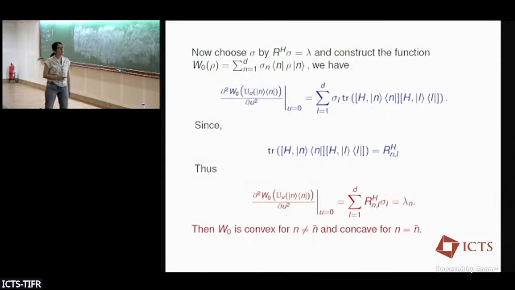So you have the second derivative, which is the sum of R and L sigma L and lambda n. Why is this useful? Because like this, you can control the second derivative of your Lyapunov function when we are in a state nn and we apply the control.